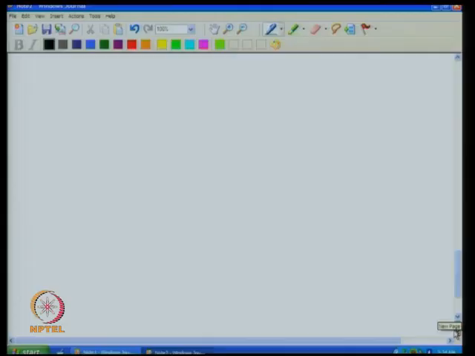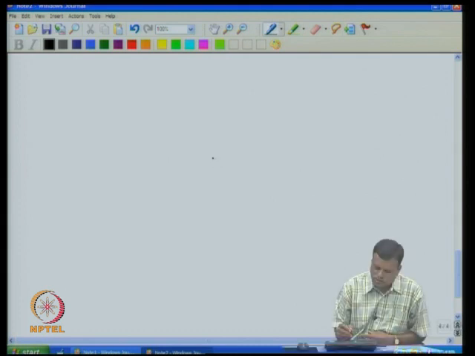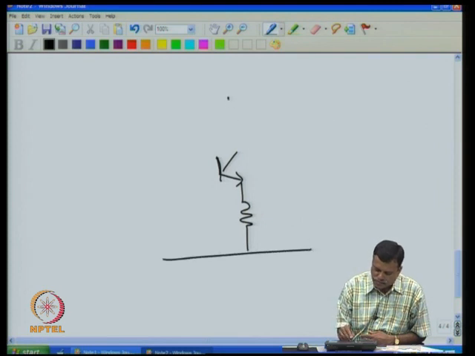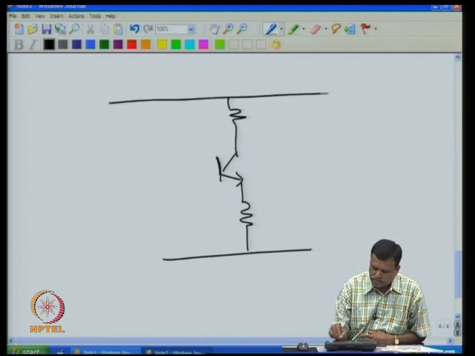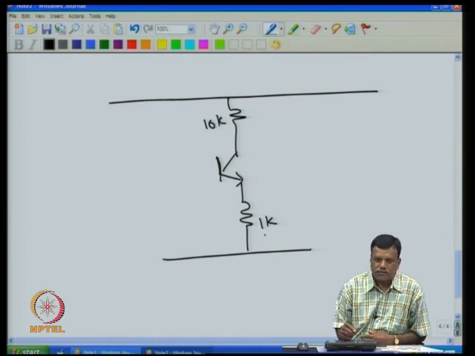For example, if I try to use this for DC amplification, then immediately we get into many problems. If I have the same transistor amplifier and I want a DC gain of 10, then I put this resistance, then apply the voltage, and I know I have to have a gain of 10, so I put this 1K and 10K, a ratio of 10, then the gain comes 10.